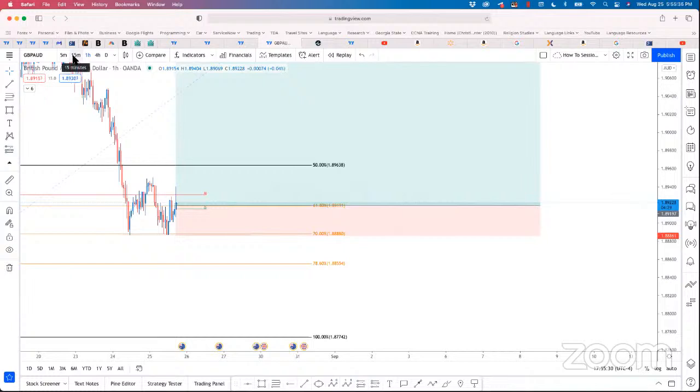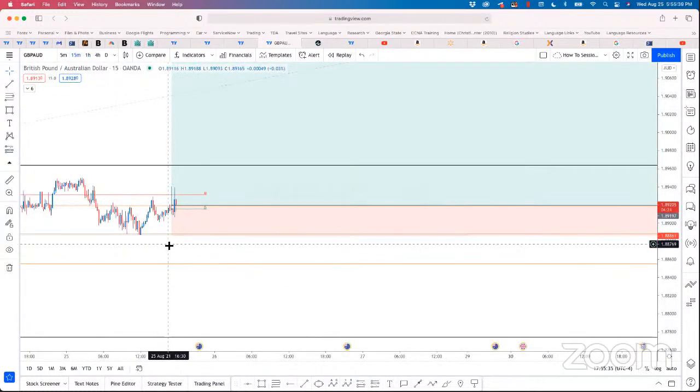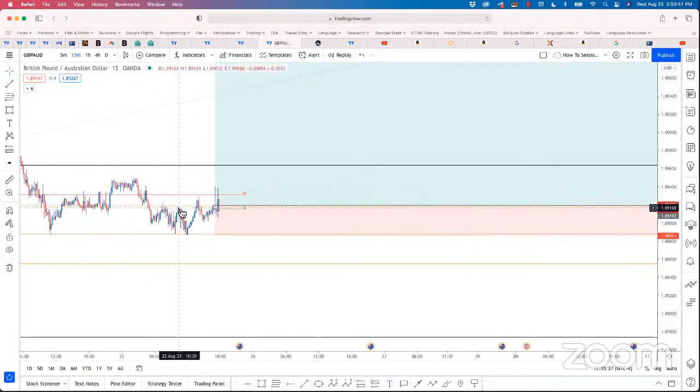Even on the lower time frame, the 1 hour, 15 minutes. Yes, it took me out too. When this got taken out right here, and you see price above this, then you should be good. I mean, you can still get back in there if you wanted to.